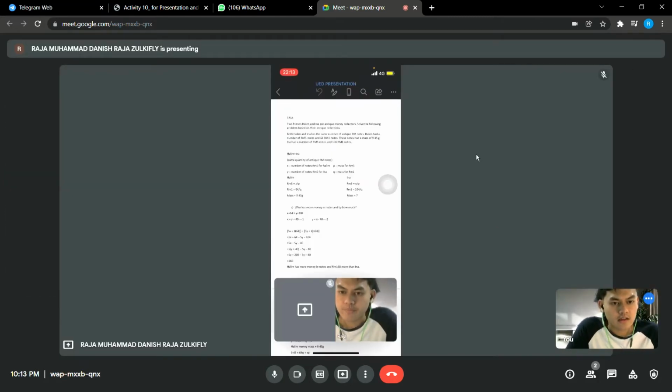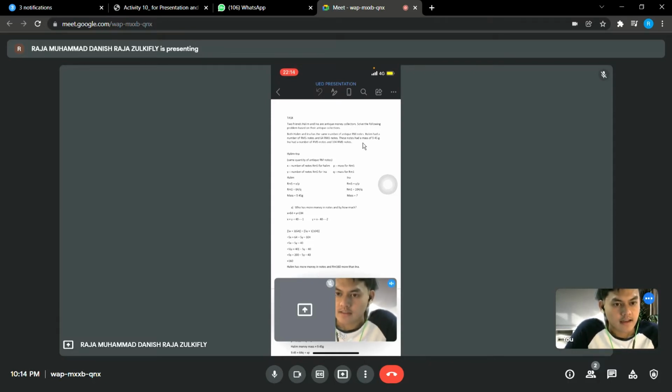So, the question is, two friends, Halim and Ina, are antique money collectors. Solve the following problem based on their antique collections. Both Halim and Ina have the same number of antique RM notes. Halim had a number of RM5 notes and 64 RM1 notes.